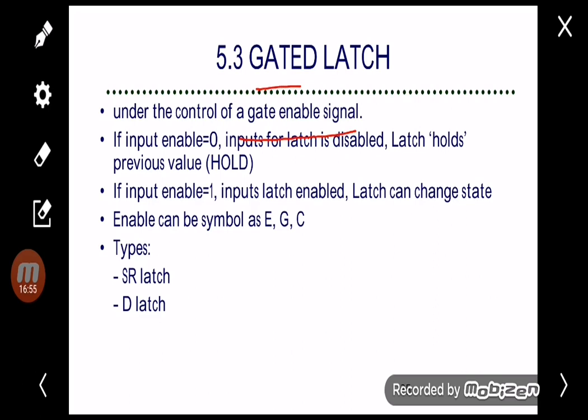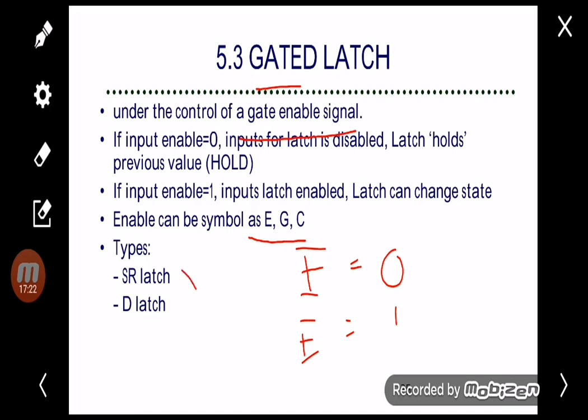Let's say we have E. If E is 0, then the input for the latch is disabled, meaning that the latch will hold the previous value. If E equals 1, the latch can change state based on the input. E can also be symbolized as E, G, or C.